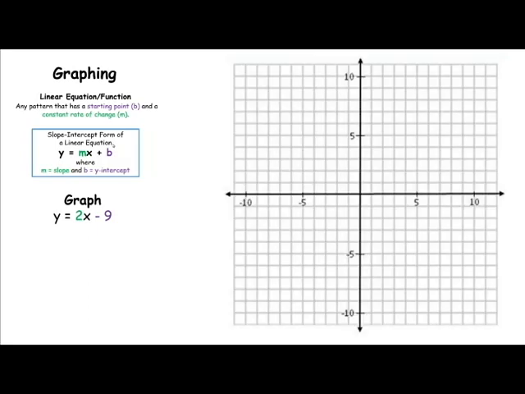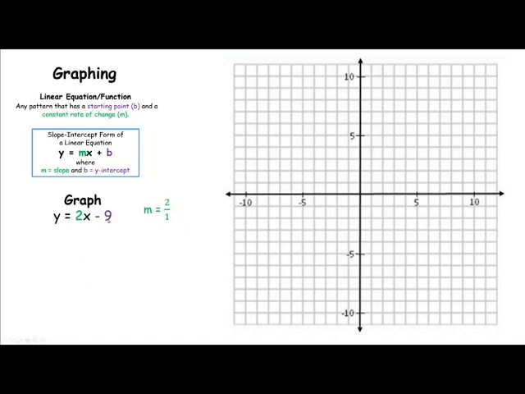So I might tell my students, graph y equals 2x minus 9 on a coordinate plane. And I would hope that they would realize that this number 2 indicates the slope of our line, or how fast it's growing. We should be going at a rise of 2 every time we have a run of 1, or we're going up 2 spaces every time we move to the right 1 space.